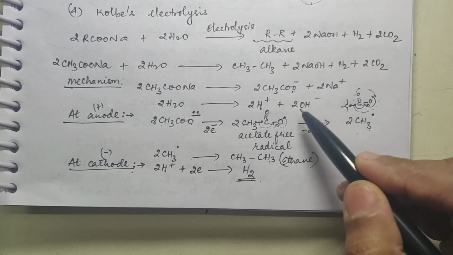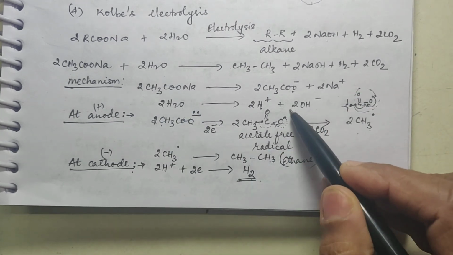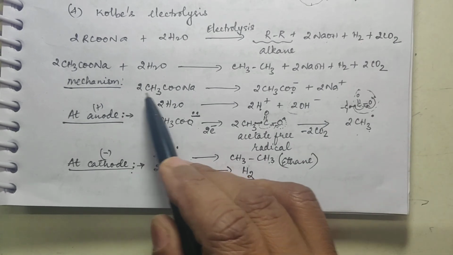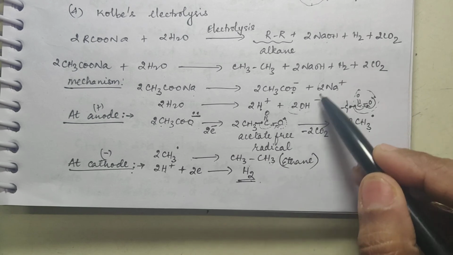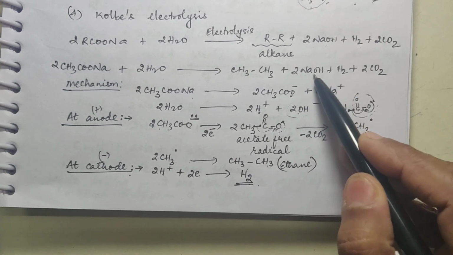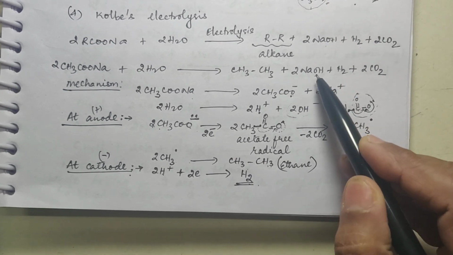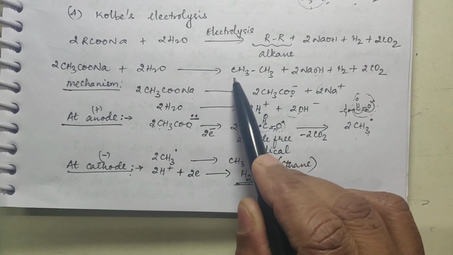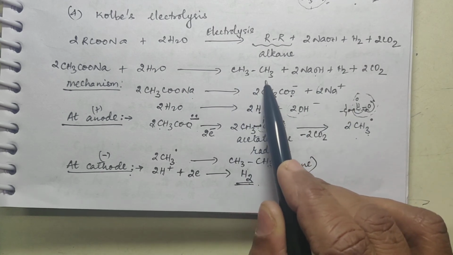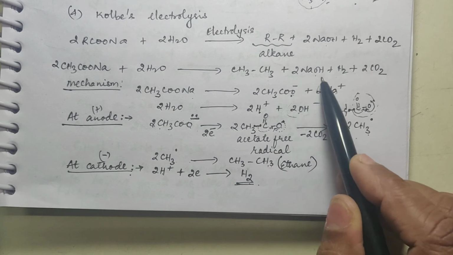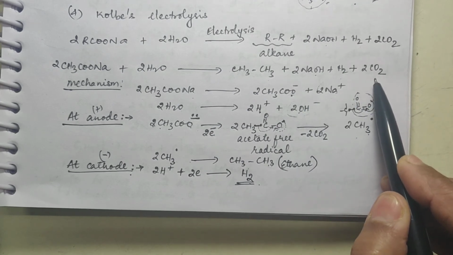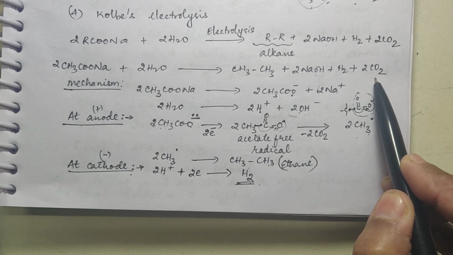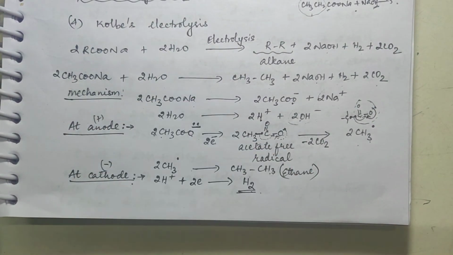When water ionizes, this OH minus that is formed, and the Na plus formed from sodium acetate ionizing, will combine together to form NaOH. So now you have explained the formation of alkane, NaOH, hydrogen, and CO2 in the process. Is that clear? So that is Kolb's electrolysis.